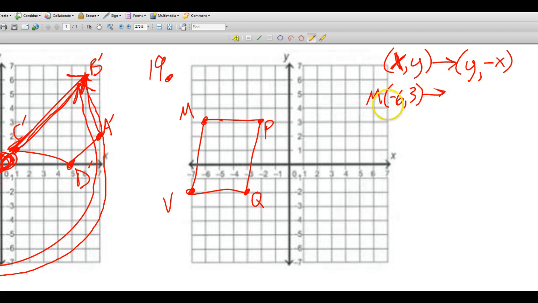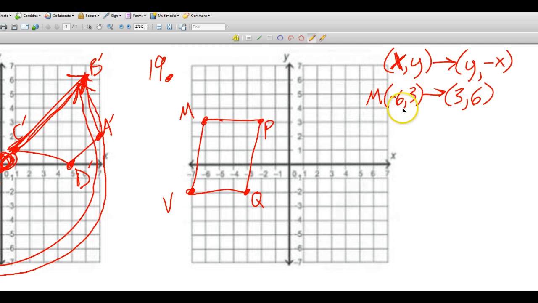Following this rule, I just want to take my y coordinate and make it my x coordinate. And then I want to take the opposite of the x coordinate and move it to the back, so make it the y coordinate. So take the opposite of this, which would be 6, and now that is my y coordinate. So do the same with the other points.